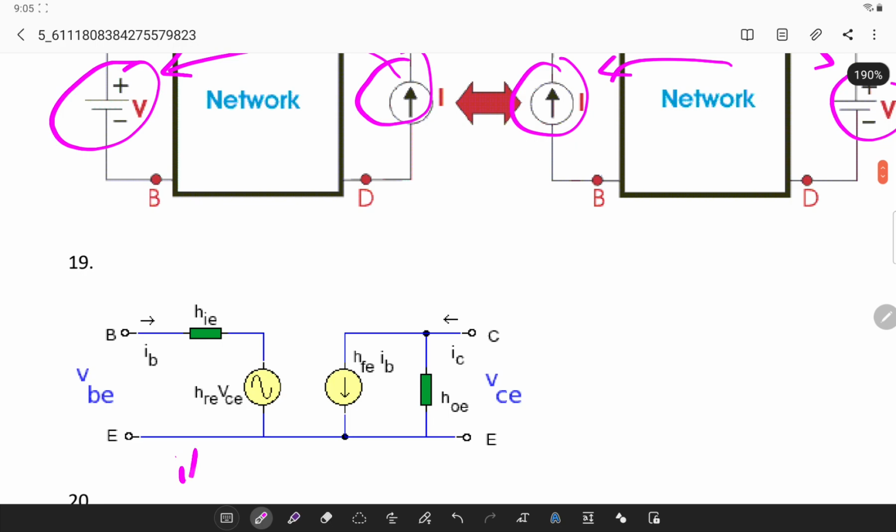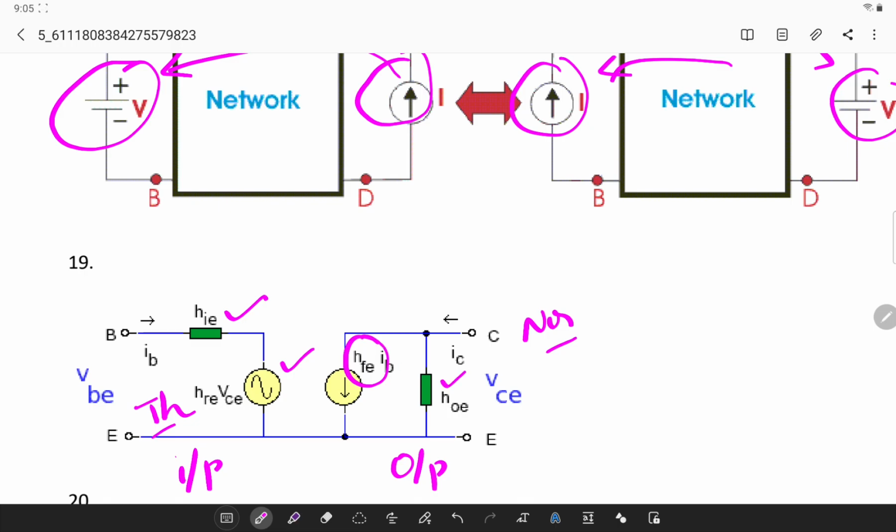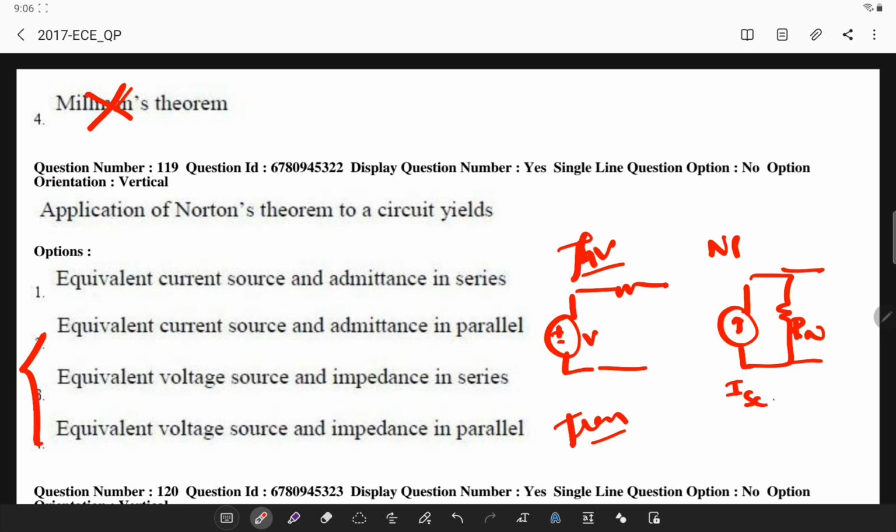The input terminal here is an application of Thevenin's theorem, and the output is related to Norton's theorem. Here you have a current source and an admittance parallel to it. Now let's see the solution. An equivalent current source and admittance in parallel is a property of Norton's theorem.